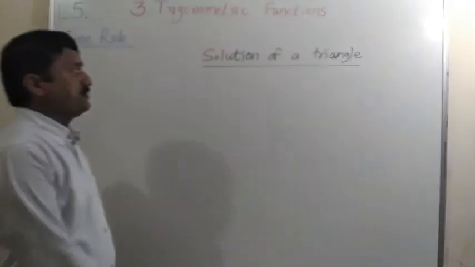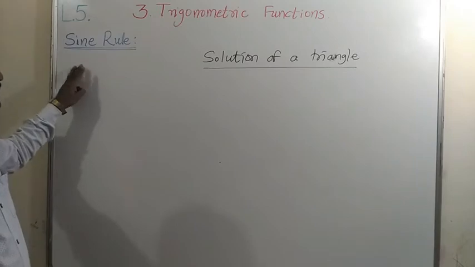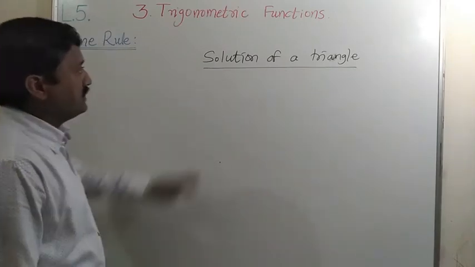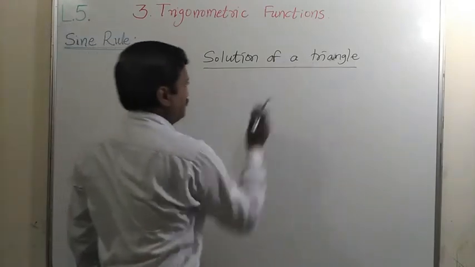And to solve a triangle, we need an important rule, that is the sine rule. Before learning this sine rule, let us see what we want to learn in this article, the solution of a triangle.